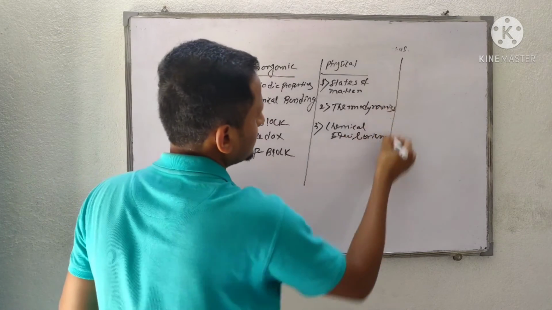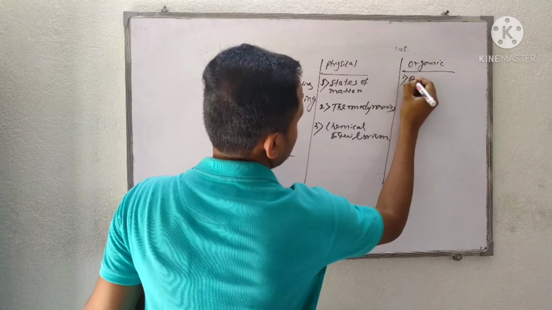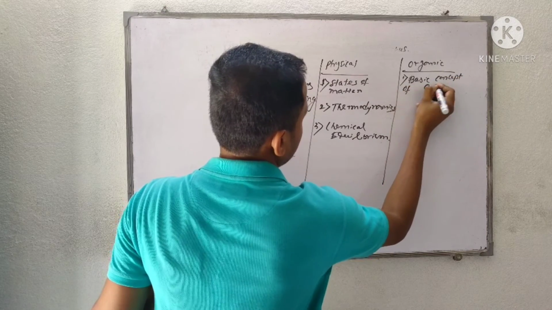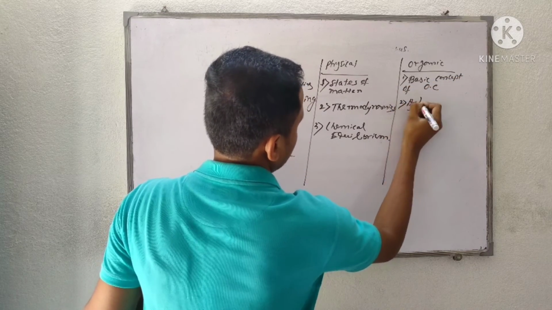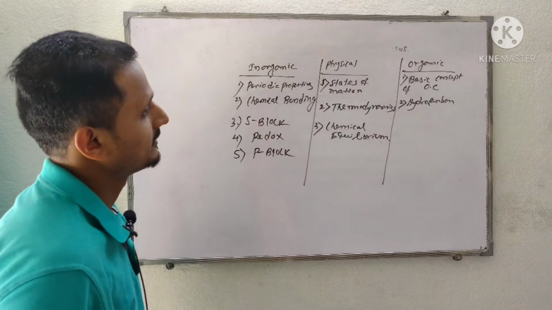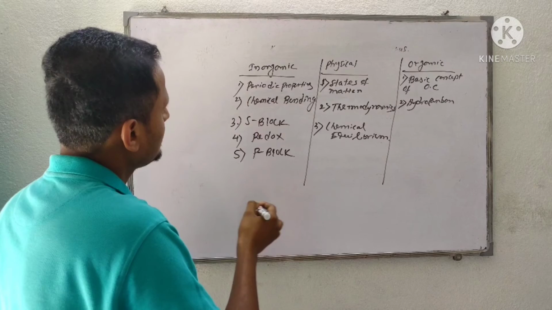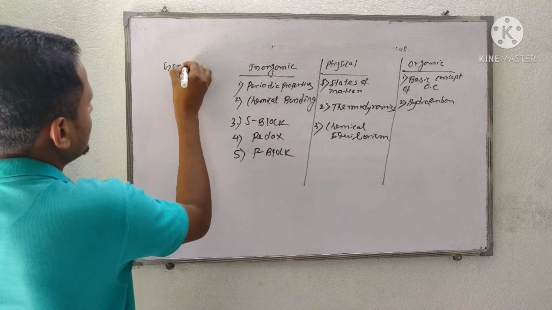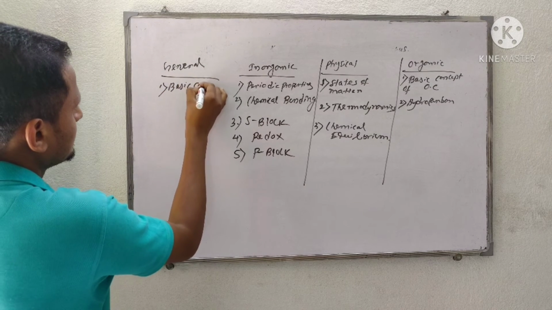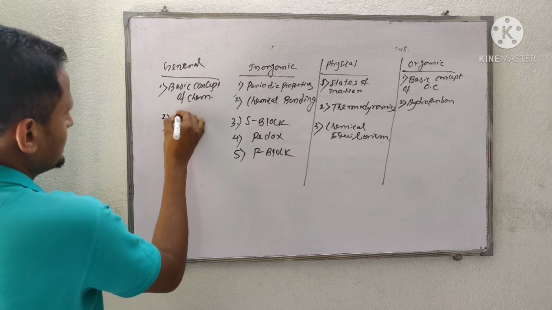And organic, you have to learn the basic concept of organic chemistry and hydrocarbon in class 11. And before this you have to learn the basic concept as a general, in general the basic concept of chemistry, and atomic structure.